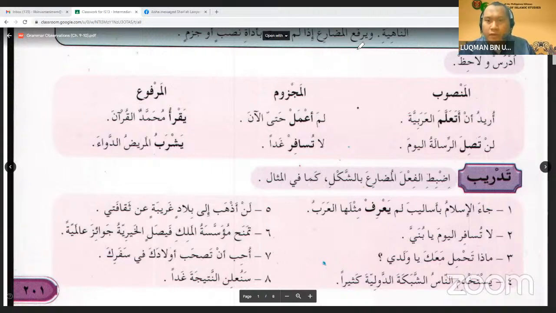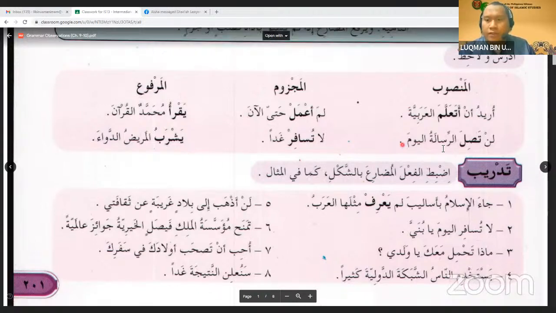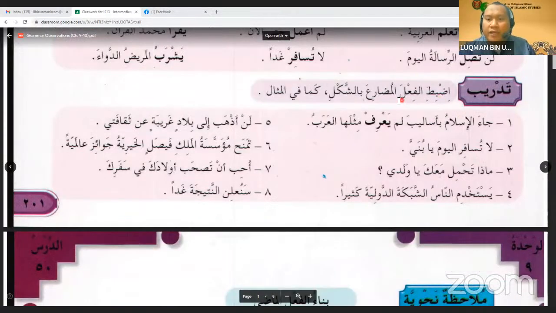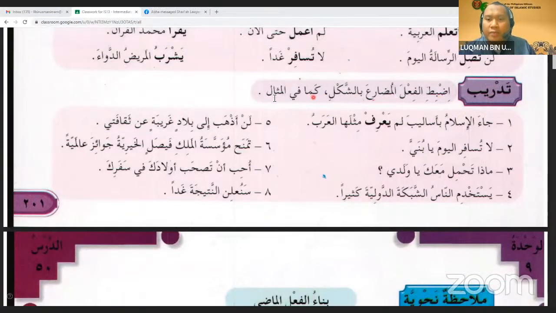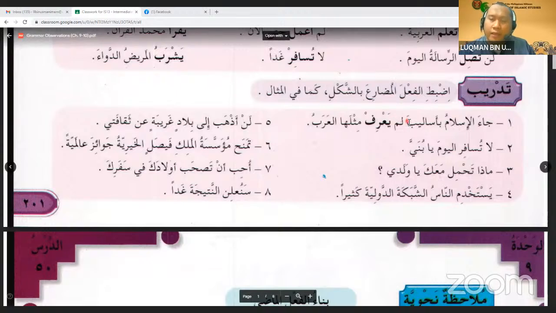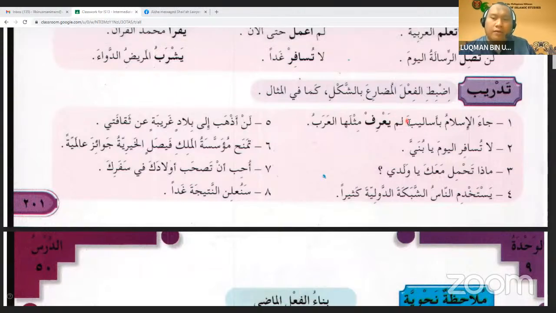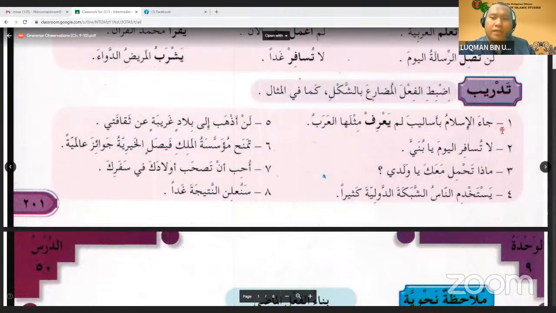Okay, so the exercise: اضبط الفعل المضارع بالشكل كما في المثال. So you just put a vowel or a sign, a diacritical mark, either fatha, dhamma, or sukun. We have the example here: جاء الإسلام بأساليب لم يعرف مثلها العرب.